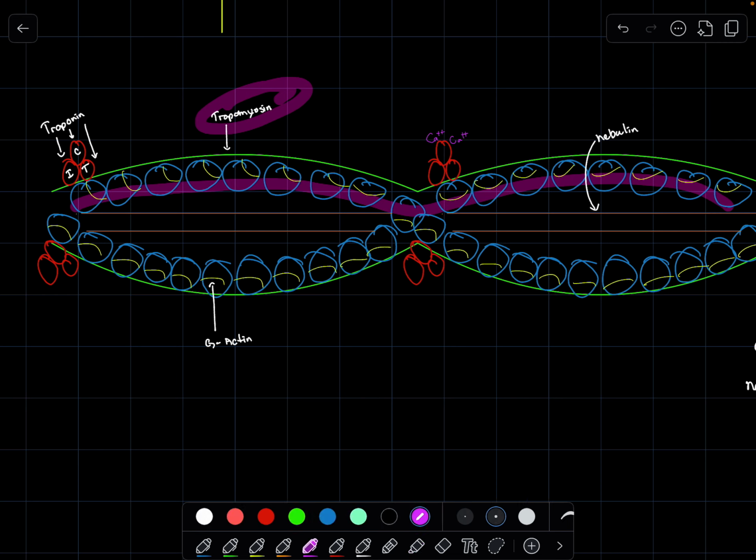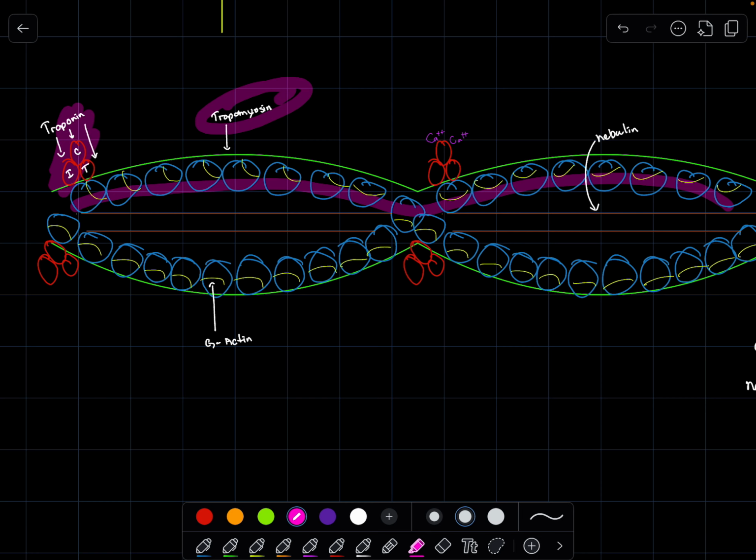What I was explaining for myosin is going to come up and bind to these spots, but tropomyosin is actually blocking the active sites. Okay, and then we have troponin here. Troponin is basically what allows us to remove tropomyosin from the G-actin active sites.